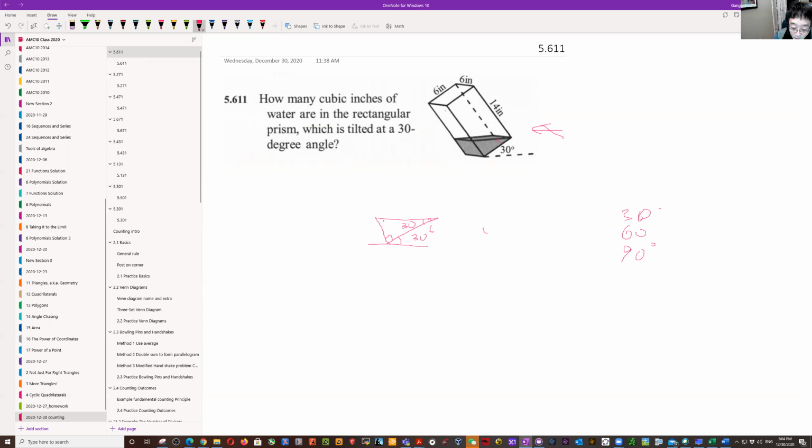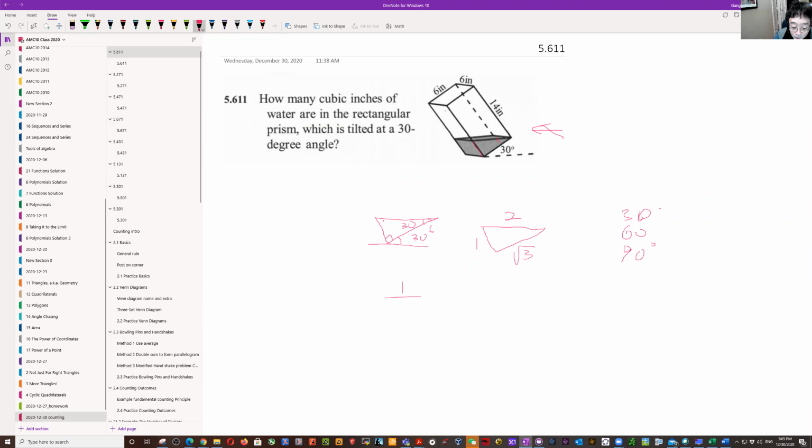What we got is that the short leg is 1, the long leg is square root of 3, and the hypotenuse is 2. Given that information, we will be able to find out this leg. So this leg is what we are going after.